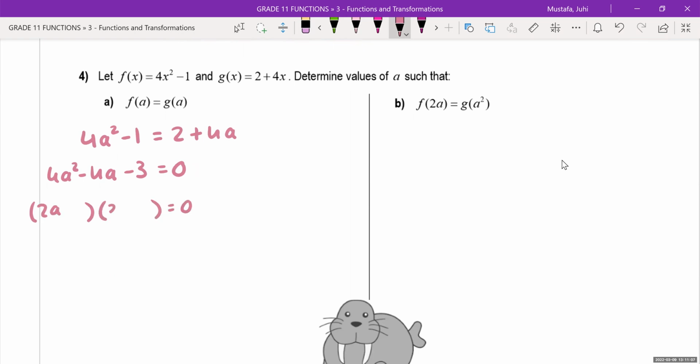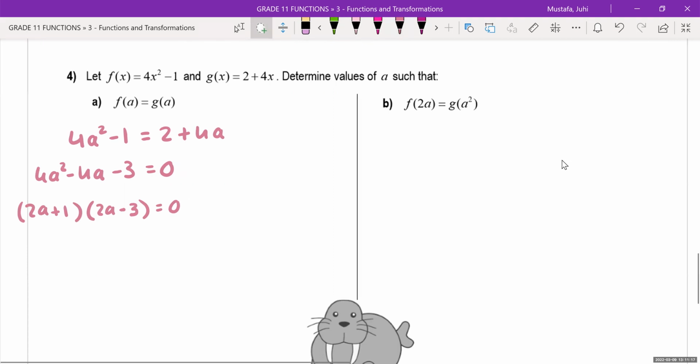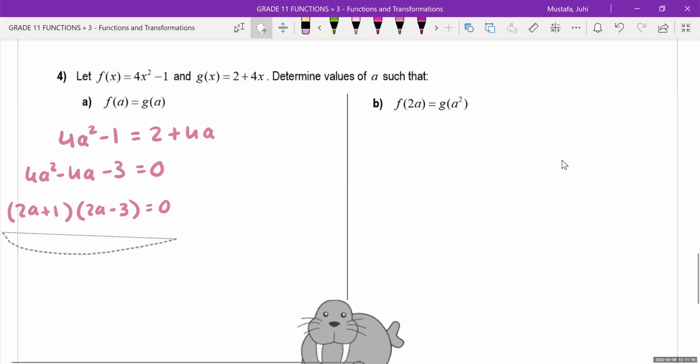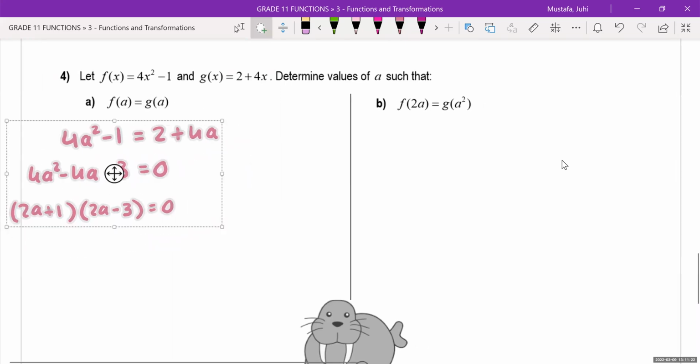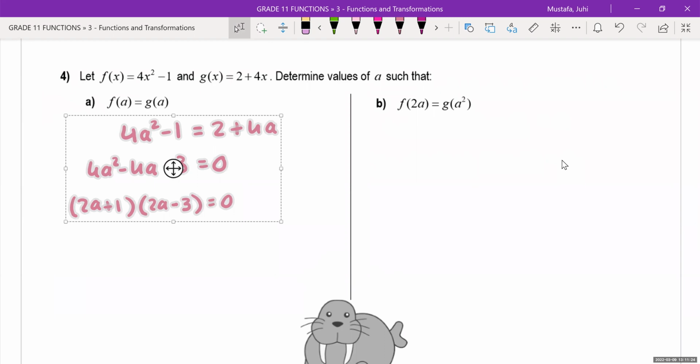Let's try 2a, 2a, 3, and 1, negative and positive. And then to solve for each one of the values of a, you just change, it's kind of like when we used to do restrictions. So a in this case is going to be equal to negative a half. And a in this question is going to be equal to 3 over 2.